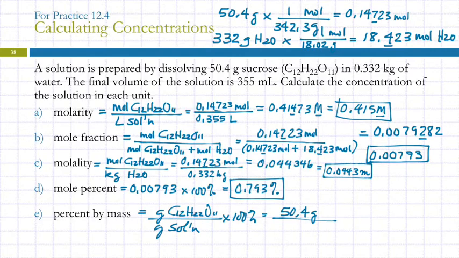The solution will have the same mass as those added together. So we've got the mass of the sugar plus the mass of the water. We want it in grams instead of kilograms here. So 332 grams times 100%.